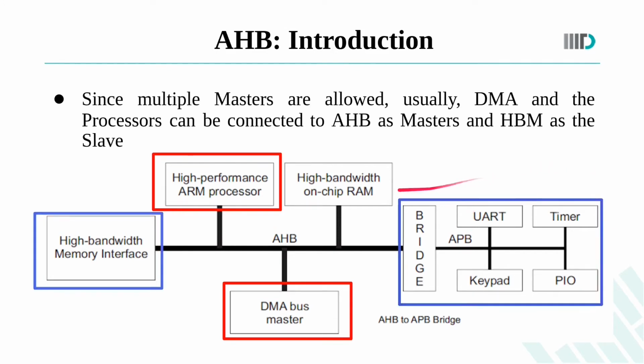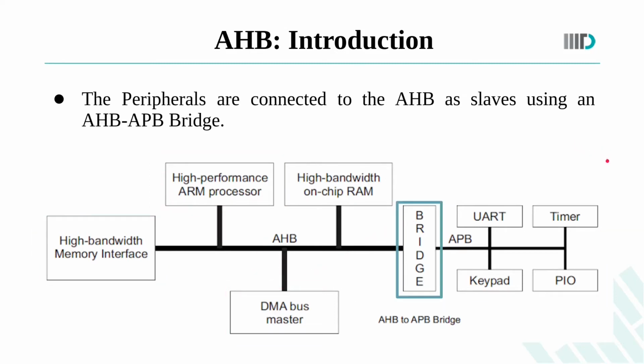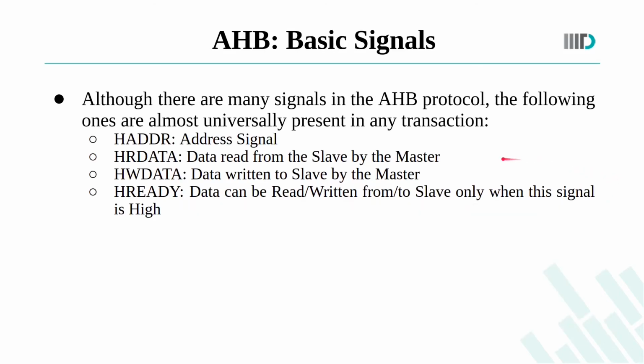So in this example, the AHB connects the high bandwidth memory and the APB bridge as the slaves, and there is the ARM processor master and the DMA master, and there is a bridge that connects AHB to the APB so that the processor can communicate with the peripherals, and vice versa.